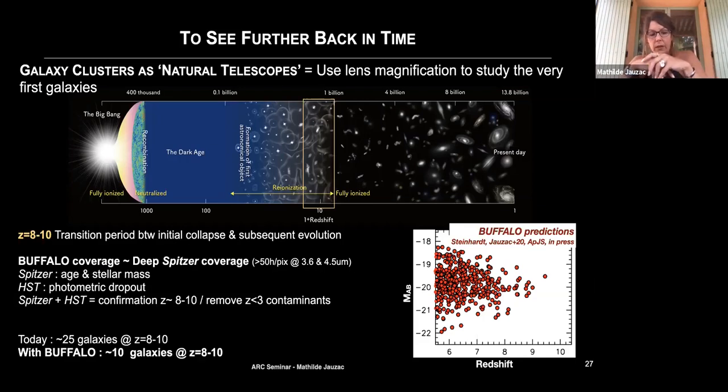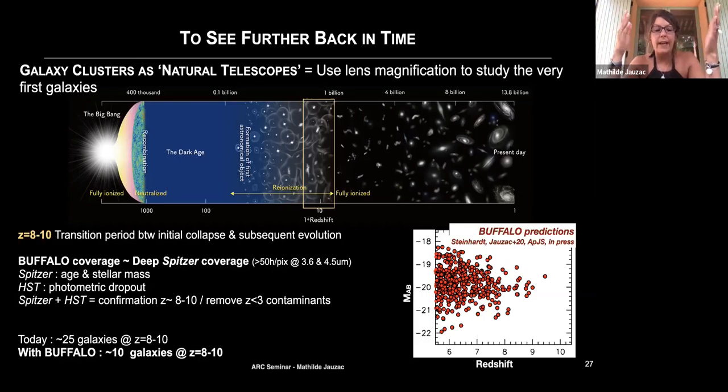With BUFFALO, we are reaching redshift 10. To give you an idea, BUFFALO was designed to overlap with the Spitzer coverage of the Frontier Fields clusters.